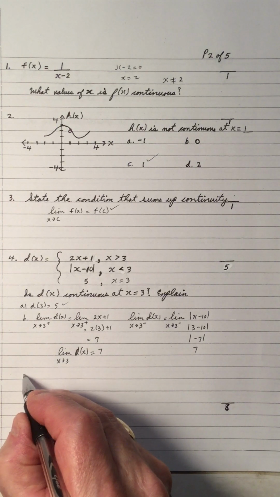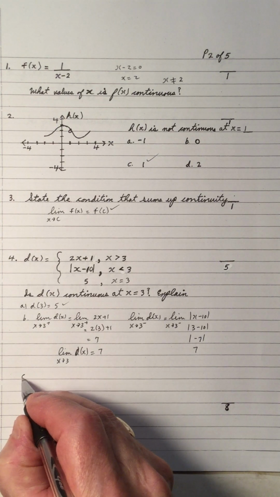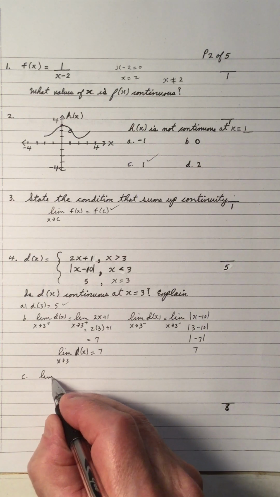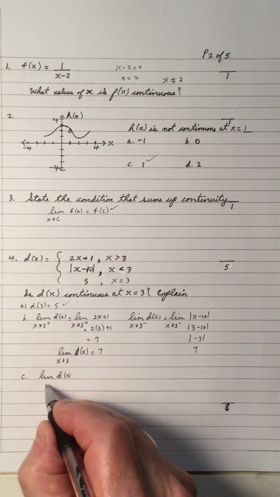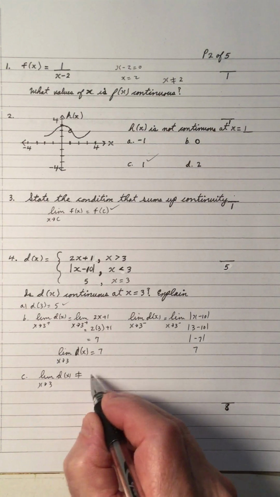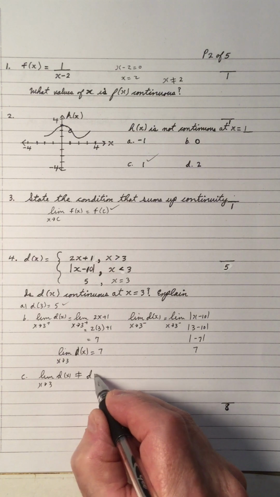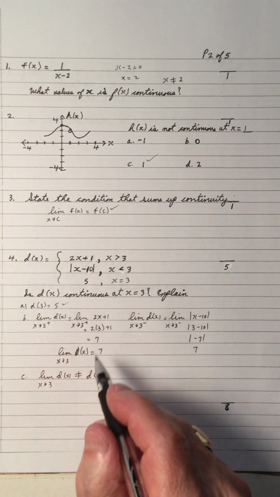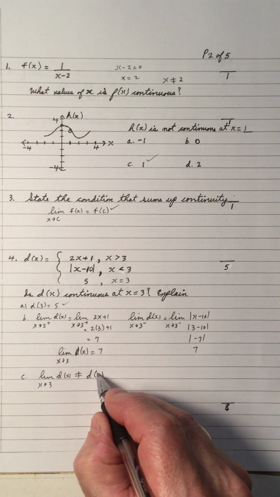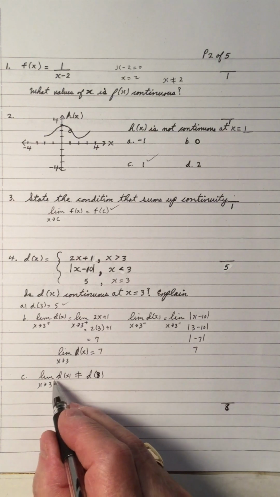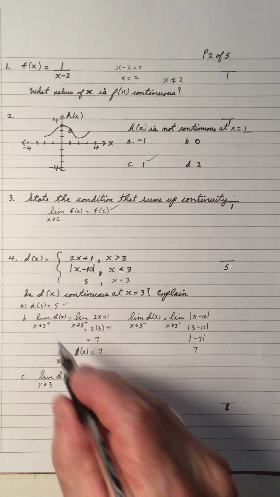Now, condition C is that the limit of d of x as x approaches 3 is not equal to d of 3. Notice that at x equals 3, d is defined, and we got a 5.